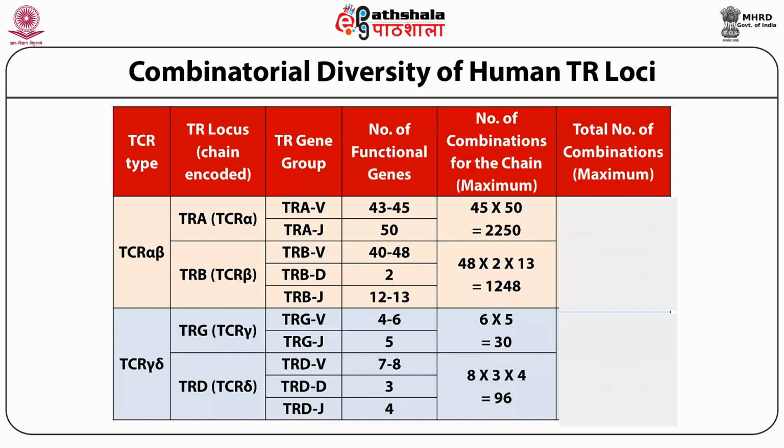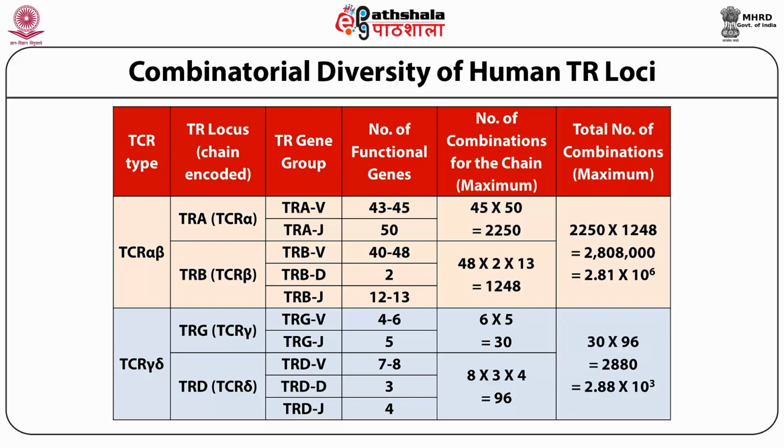For calculating the maximum number of antigen specificities for TCR alpha beta, we multiply 2250 by 1248, which gives us 2.81 million. For TCR gamma delta, we multiply 30 by 96, which gives us 2880. So the TCR gamma delta are much less diverse in their antigen specificity compared to TCR alpha beta receptors.